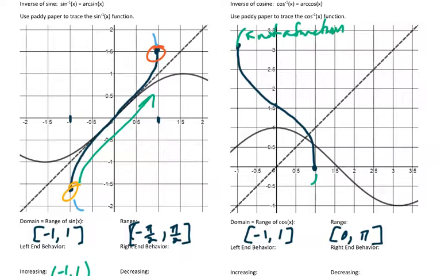It's also why you have to pay very close attention when you're using inverses on the calculator to what quadrant you are in. So notice in this case, for the sine function, this is quadrant 4 and quadrant 1. However, for the cosine function, it's working in quadrant 1 and then quadrant 2.